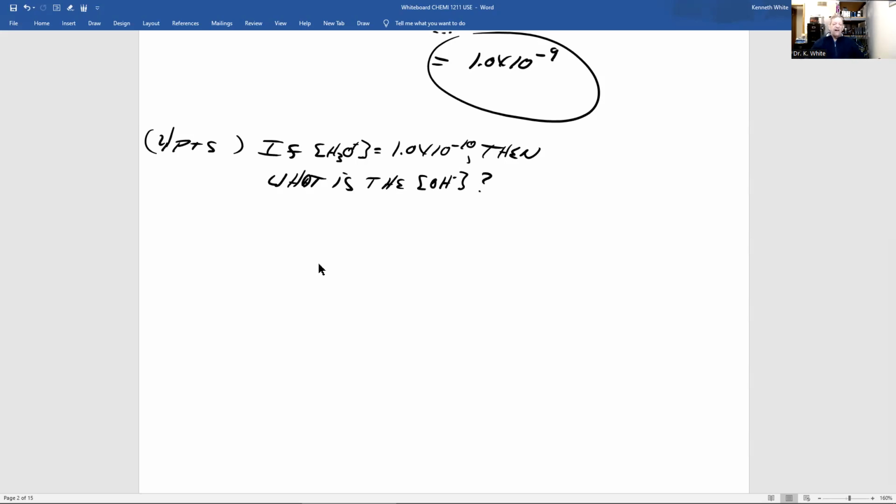If the hydronium ion concentration, H3O plus, equals 1.0 times 10 to the minus 10th for a solution, then what is the hydroxide ion concentration for that solution? So the first thing I want you to do right here and here is, what are you being given and what are you being asked to find? What are you being asked to find? What are you given?